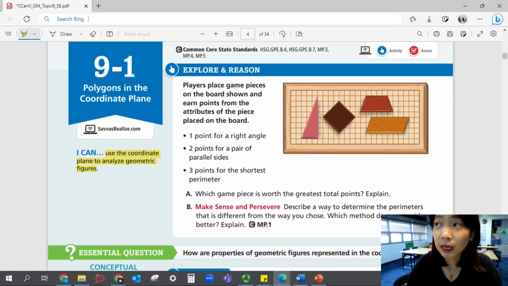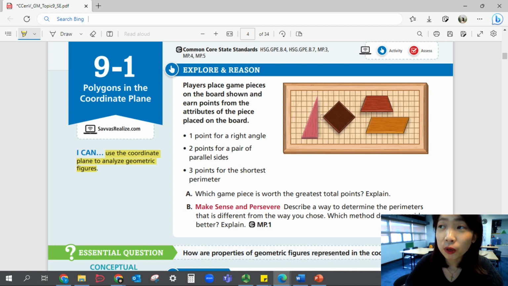Players place game pieces on the board shown and earn points from the attributes of the piece placed on the board. You can see that the board has grid lines that resemble a coordinate plane, and we see shapes that are on the lines, right? So we see the rules for the game.